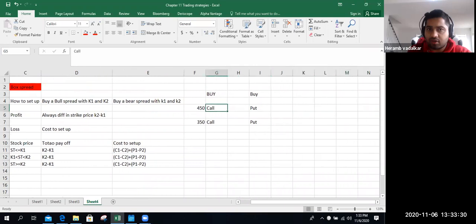You buy one call, you sell one call, you buy one put, and you sell one put. This is how you set up a box spread. So keep it here.